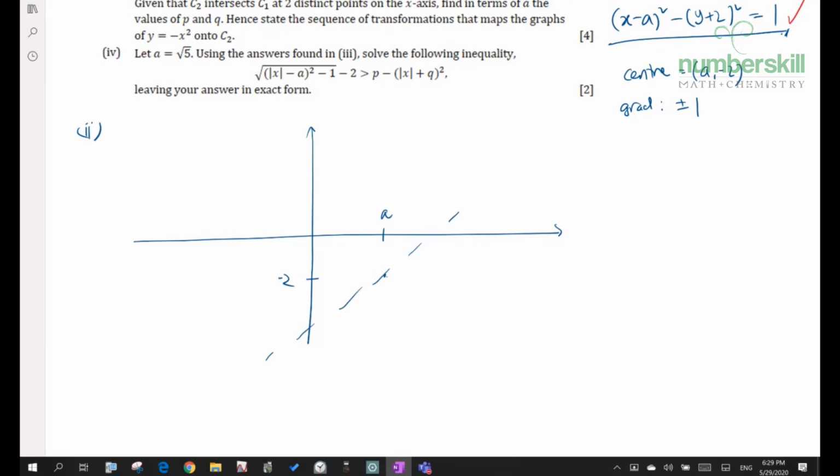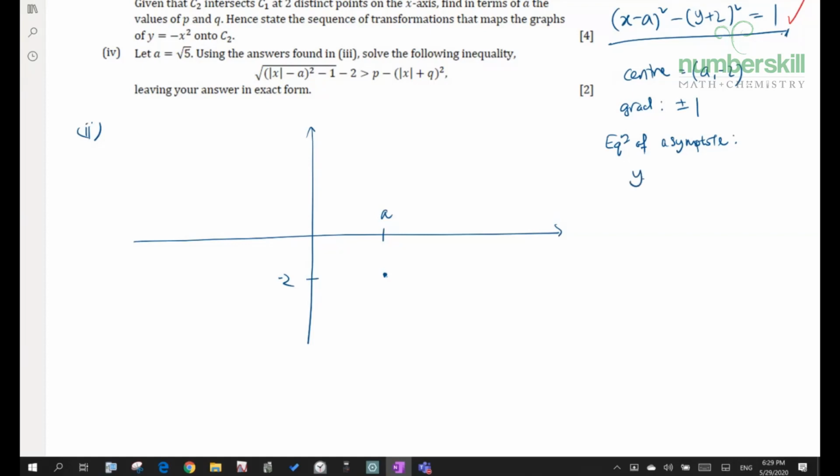Now the asymptote must pass through the center, correct? So any asymptote, you must always find the equation of the asymptote. So you must find the equation of the line, the dotted line. You need a gradient, you need a point. So the point is needless to say this point. So the equation of asymptote. Here we go. Asymptote.